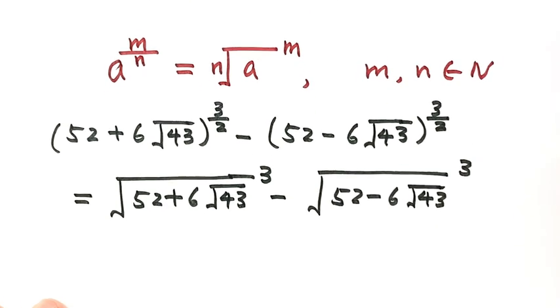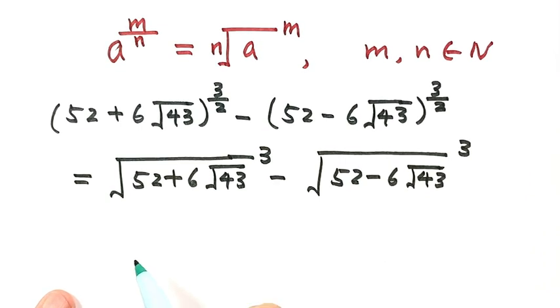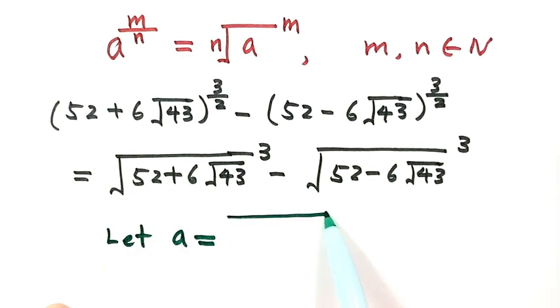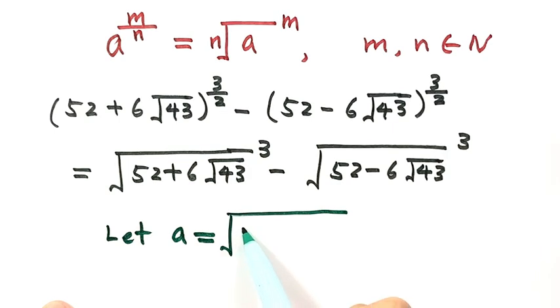So next, we're going to set two variables. First, let a equal this square root. So a equals the square root of 52 plus 6 square root 43.